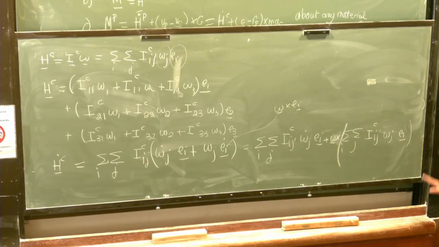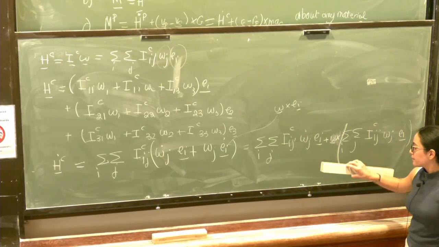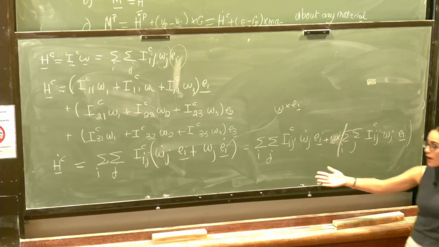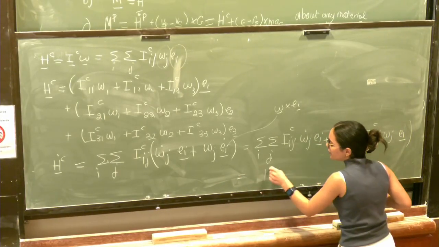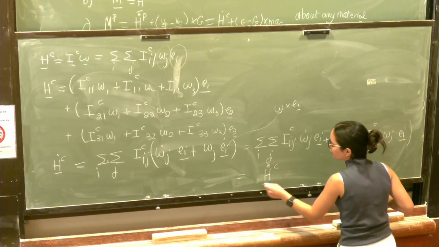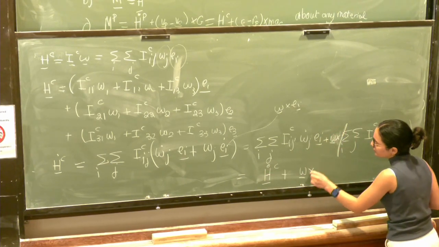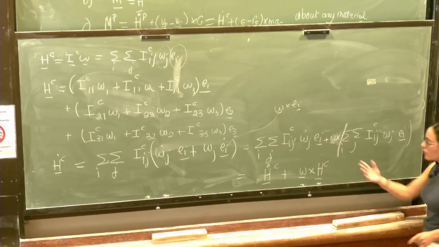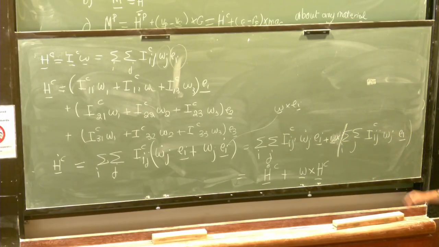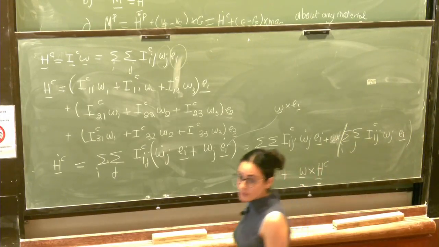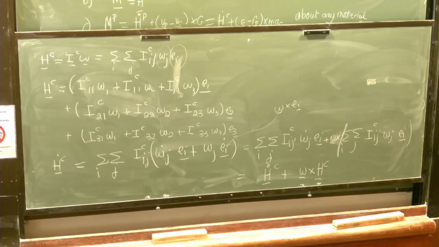So now I have two terms. This first term, I'm going to call it H^C corotational, and the second term is omega cross H^C. Right? Omega cross H^C, that's the same term. Remember, we used this corotational symbol before, right? Where did we use it? Exactly.